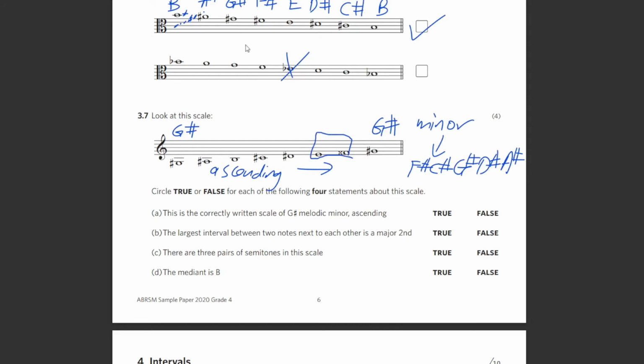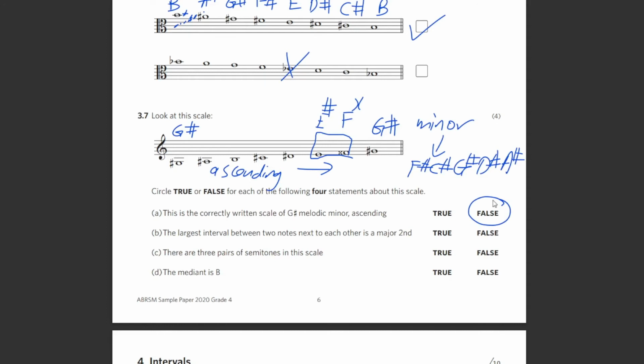If this is G sharp minor, then the 6th note is E and the 7th note is F. For E, because there is no sharp here from the key signature, you need to sharpen it. And for F, because there's a sharp here, it becomes a double sharp. But you notice this sixth note doesn't have a sharp, so it is not a melodic minor. So it is false.